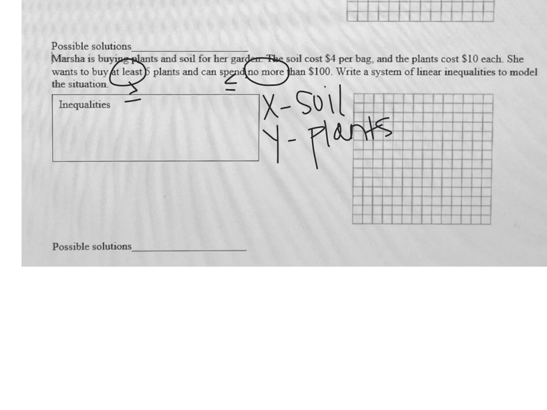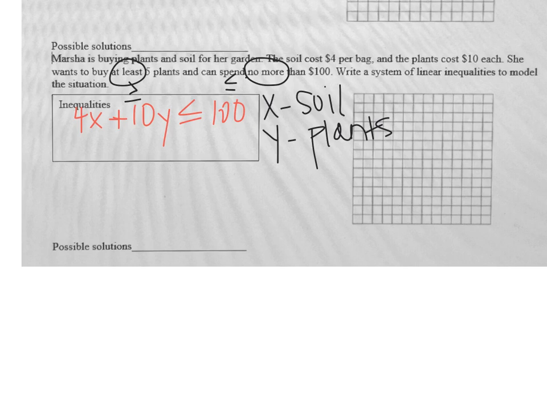And we need to write our system of linear inequalities. So, soil costs $4 per bag, so 4 times the number of bags, and then Marcia is also going to buy some plants, plus 10 times the number of plants, and she can spend no more than 100, so less than or equal to 100.